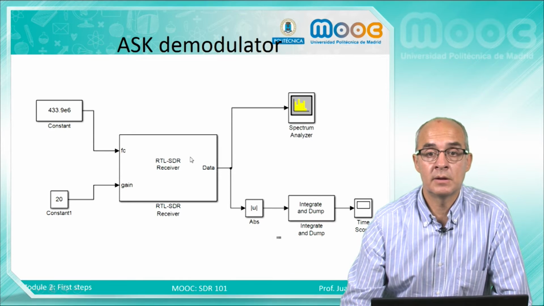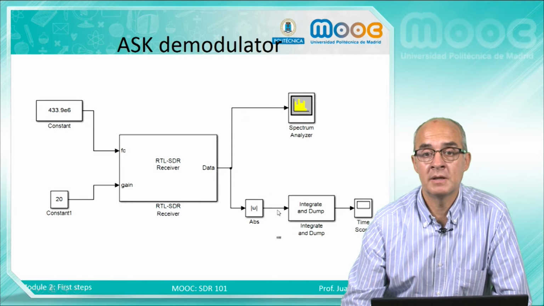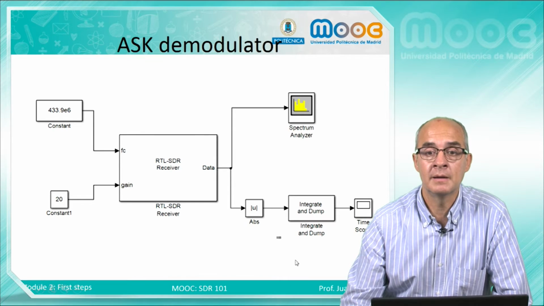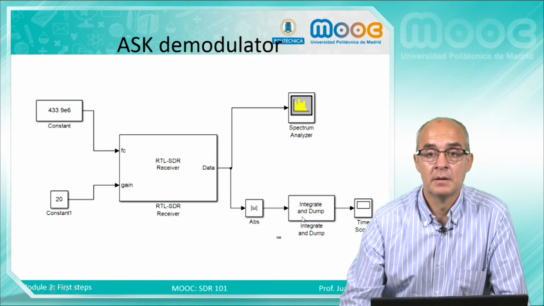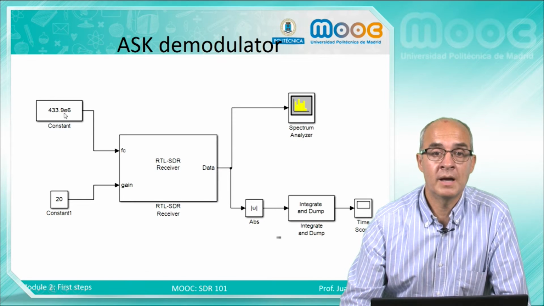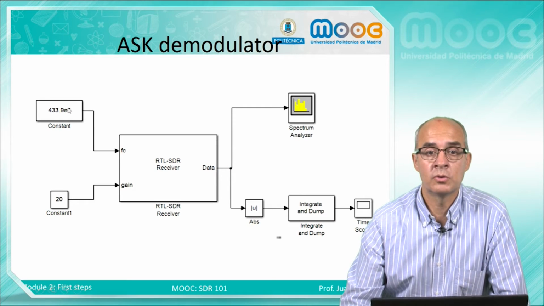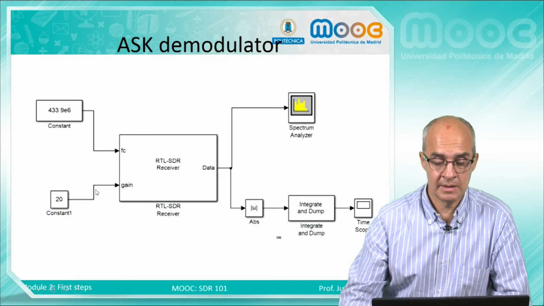Simulink handles all the data types; these are complex data types, and from this point on they have only real data. It handles it automatically, so you don't have to care about anything. With this complete block we have configured the frequency of the remote control and a constant gain of 20 that later we can change.